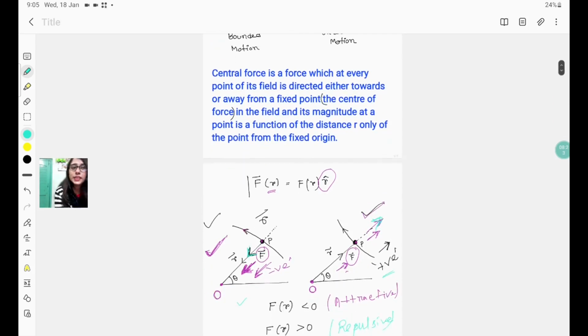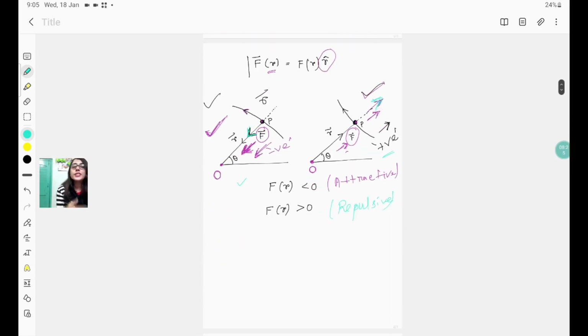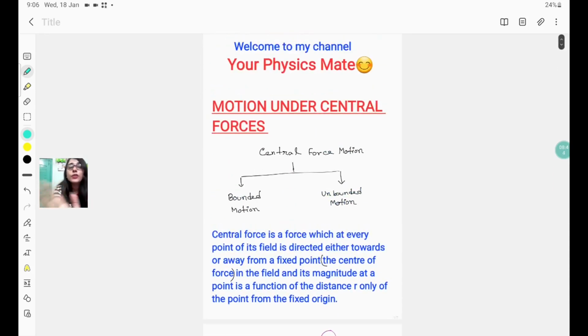In the first scenario, where the force is attractive, the particle is attracted towards a fixed point. That means the center of force always tries to attract that particle and bind it in a particular trajectory. That's why this gives a bounded motion.